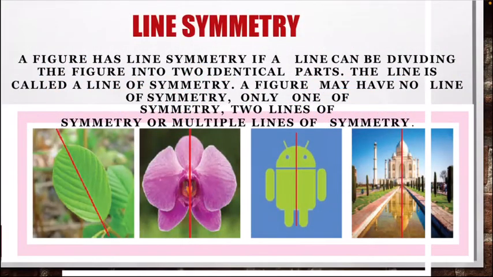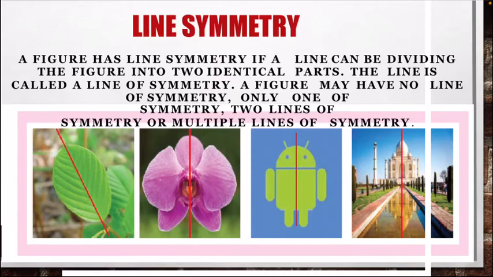For example, if I take a flower in my hand and try to cut the flower into half, can you see the symmetrical line in the flower? Yes. Can you see the equal halves on both sides? And does the figure look alike? Yes, students, this is called the line of symmetry.